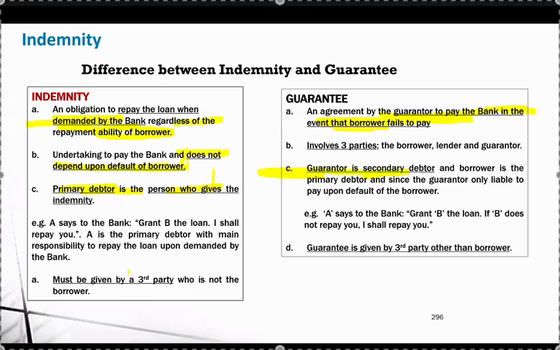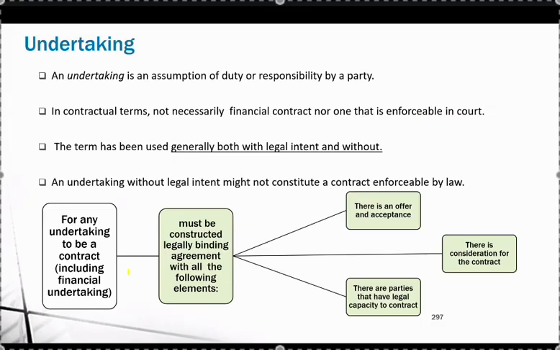What's the theoretical difference between indemnity and guarantee? Last slide of today. Undertaking is an assumption of duty or responsibility. In contractual terms, it's not necessarily a financial contract, nor one that's enforceable in court. This term has been used with legal intent and without legal intent. An undertaking without legal intent might not constitute a contract enforceable by law.